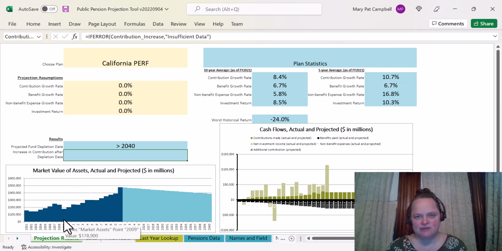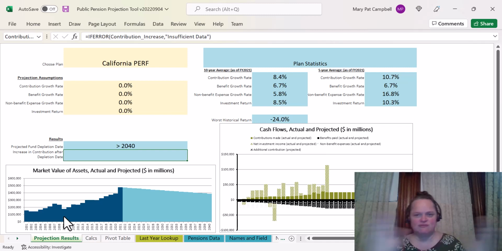So you see for fiscal year 2009, because the fiscal year for most public plans will end on June 30th, not matched up with the calendar year, when the market dropped in the fall of 2008, you're going to see that showing up in the fiscal year 2009 reporting. So you'll see the asset value drop for fiscal year 2009 for most of the plans.